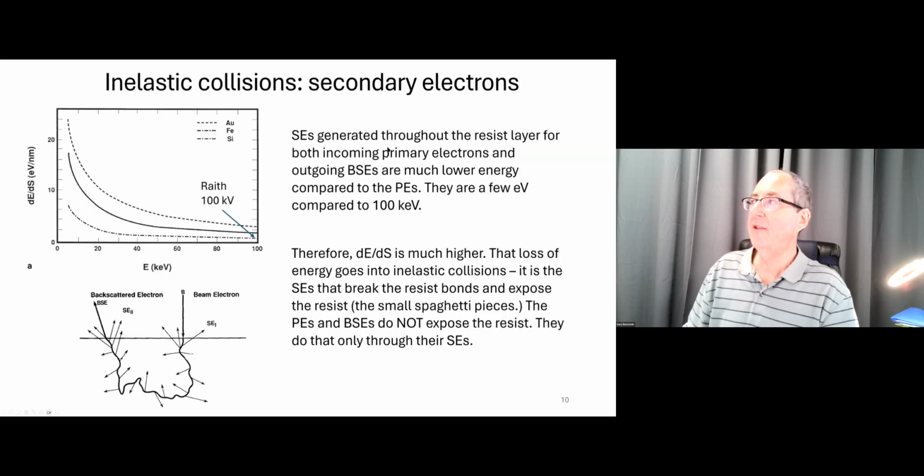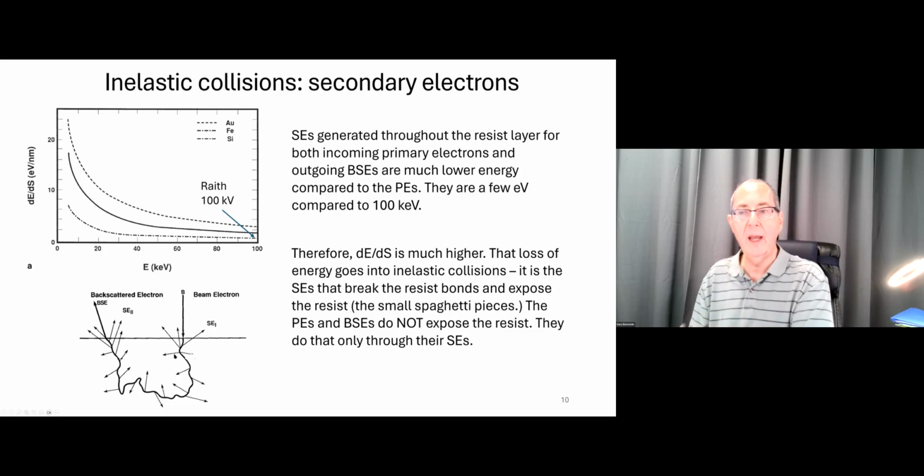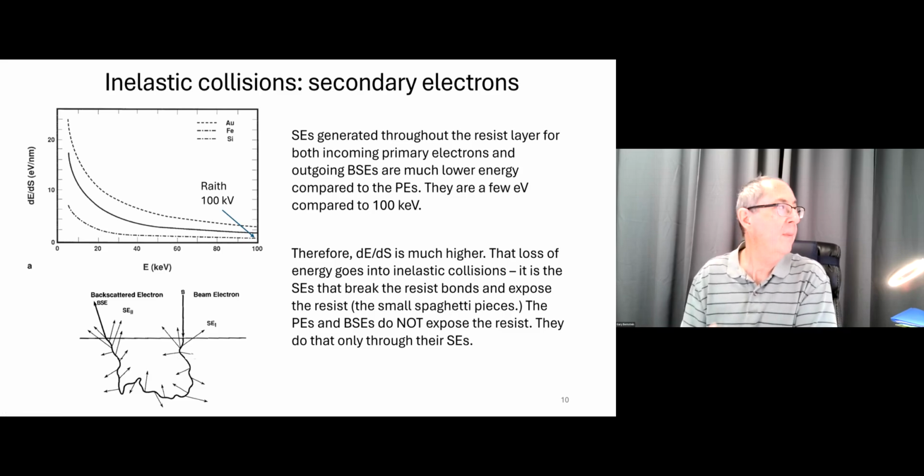So secondary electrons are generated throughout the resist layer and throughout the substrate, but I'm concerned about the resist layer everywhere the electron beam is. Now, the lower the energy of the electron, the more secondary electrons will be generated per unit length, because that is one way in which the primary beam is actually losing its energy to the substrate.